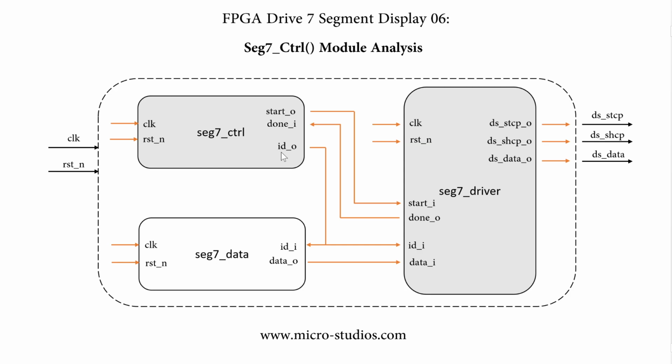This module will output the ID signal to the driver module. It also outputs the ID signal to the data module, and also uses the start signal to control the driver module to run or not, and uses the done signal to see whether the driver module is busy or not.